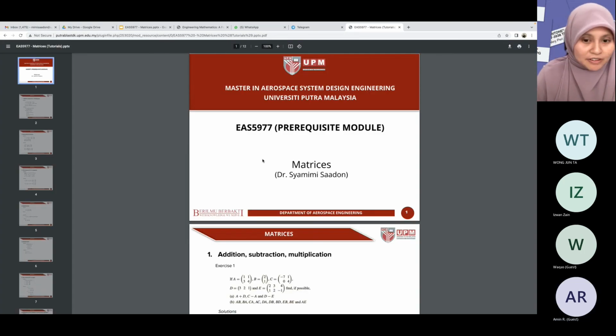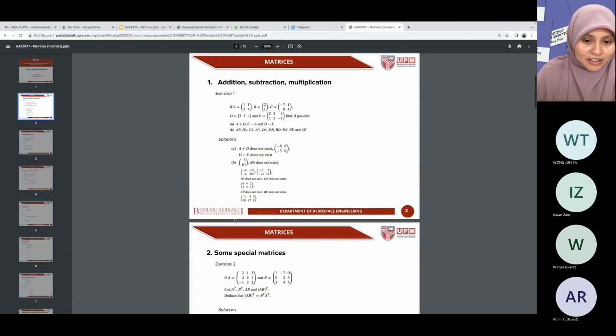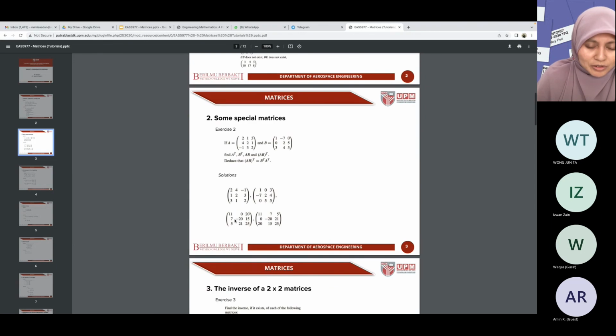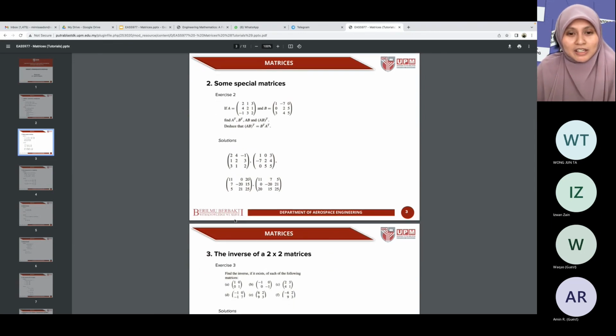If you have time, this is just for your own practice. You don't need to submit anything. You can look at the example exercises if you want to practice, and I already put all the solutions here. So that is more on the calculation part.